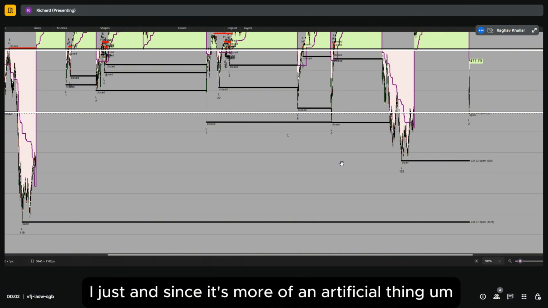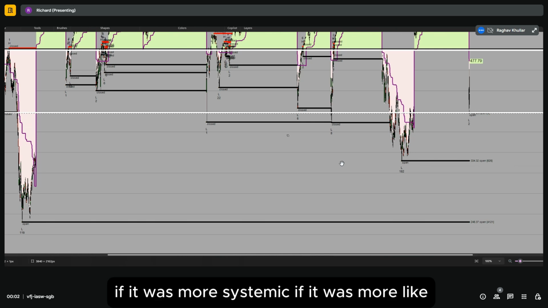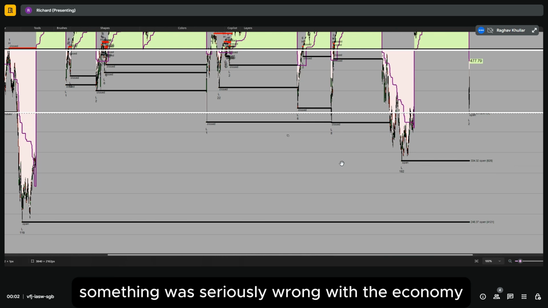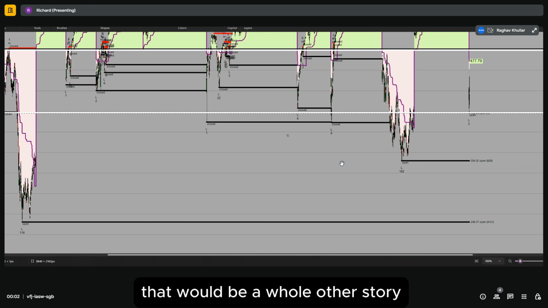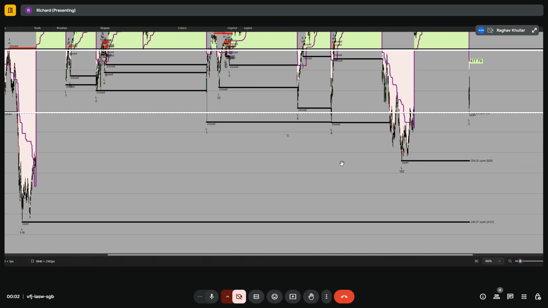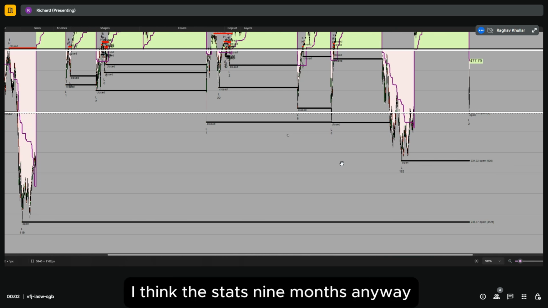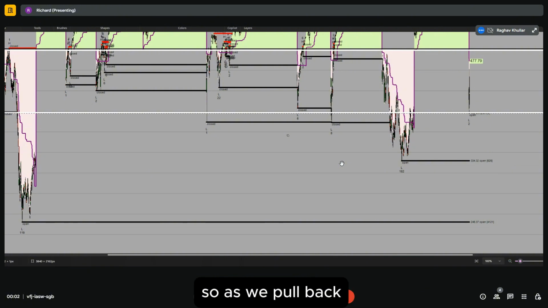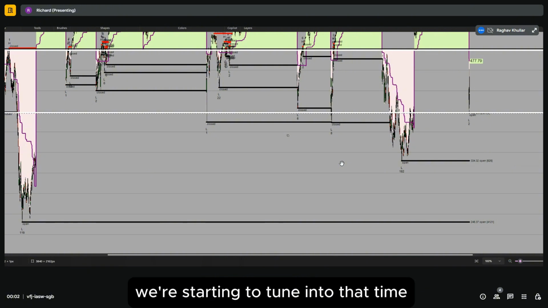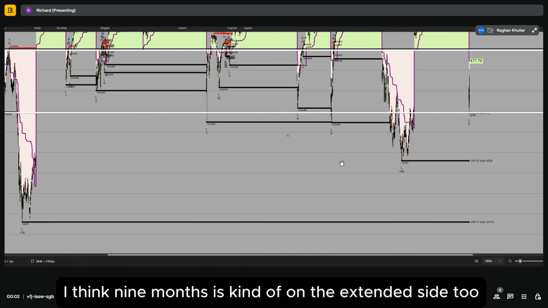Since it's more of an artificial thing, if it was more systemic, if something was seriously wrong with the economy, that would be a whole other story. Most recessions are over in, I think the stat is, 9 months anyway. So as we pull back, we're starting to chew into that time. I think 9 months is on the extended side too.